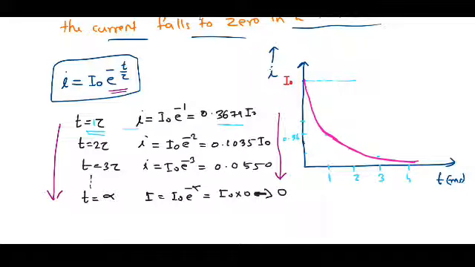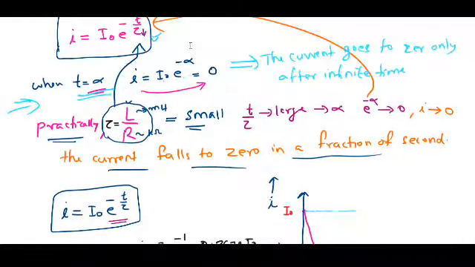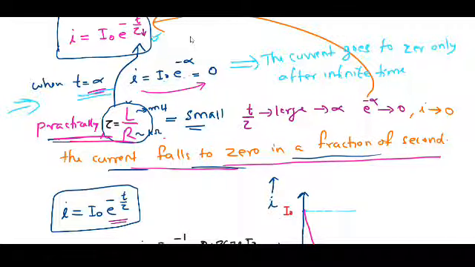Okay, fine. Now let us come back to this problem. Practically, when the current falls to 0 in a fraction of a second, what will be the consequence of this in the circuit?